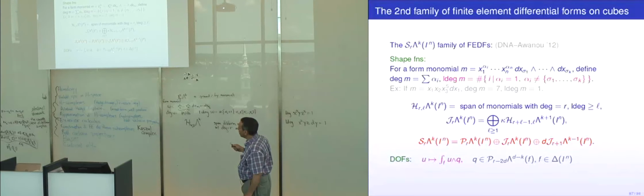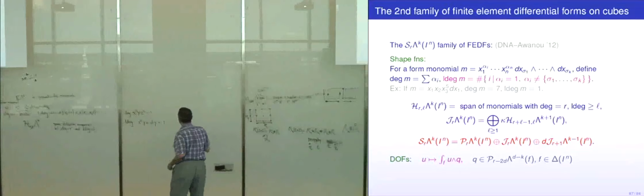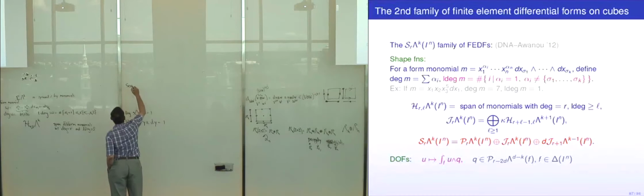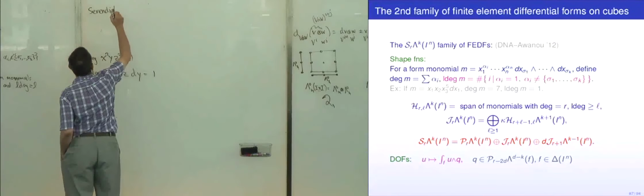And the degree goes down, but it doesn't go down by 1 every dimension, it goes down by 2. Polynomials of degree r minus 2. And of course they have to be d minus k forms so you can take the integral. So we were guided by what's called the serendipity finite elements, which are long known, probably early 70s.